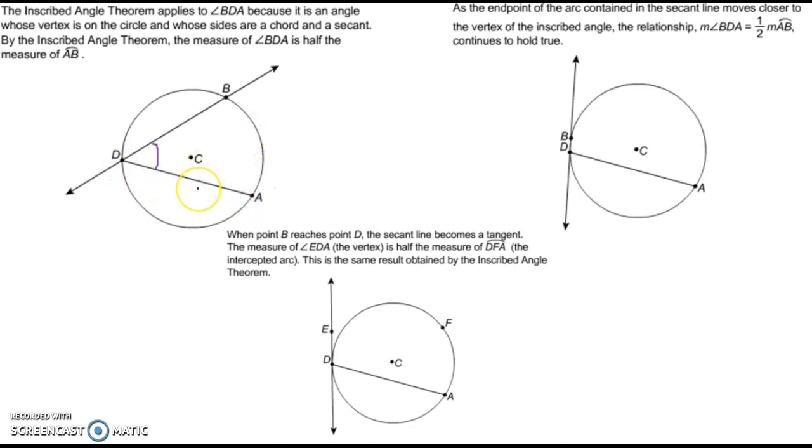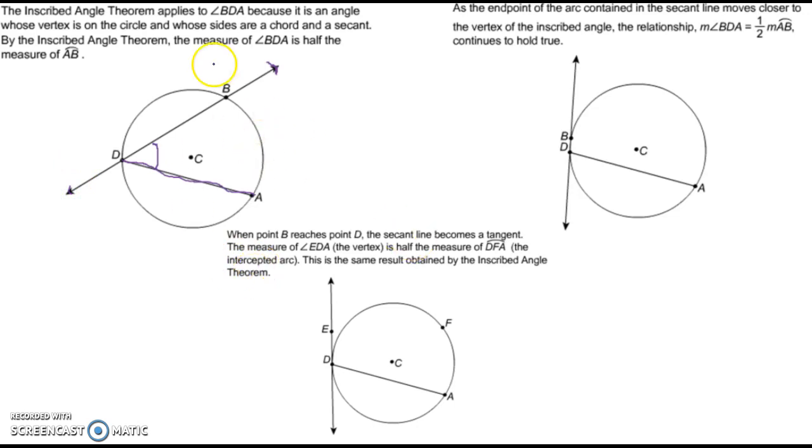And a chord is just a portion of a secant. So AD is a chord. It's a portion of the secant. And then BD is a secant. It goes all the way through. Remember, a secant is a line, so it's got those arrows on the end, whereas a chord is a segment. So it's a segment of that secant line.